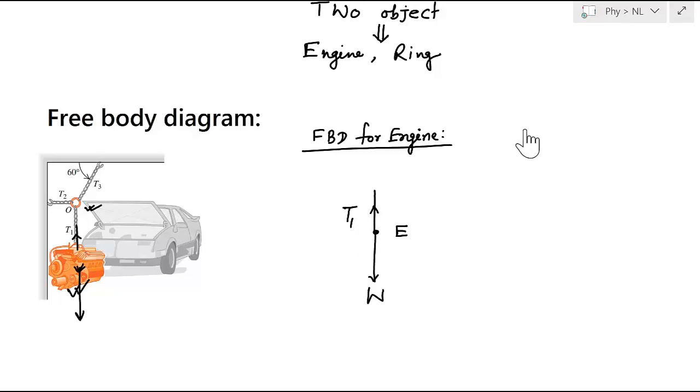Now similarly we can draw free body diagram for ring. So once again we can show ring as a point mass. So this point denotes ring, and this ring is a massless ring. So there is no weight acting.